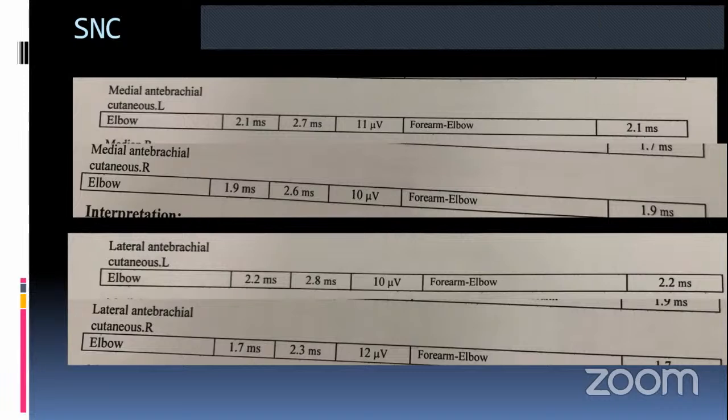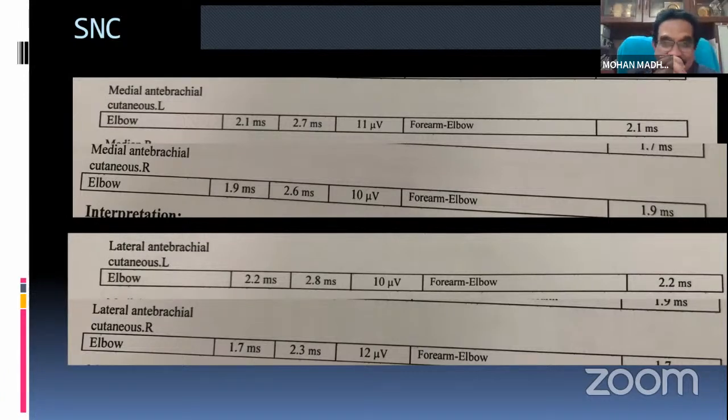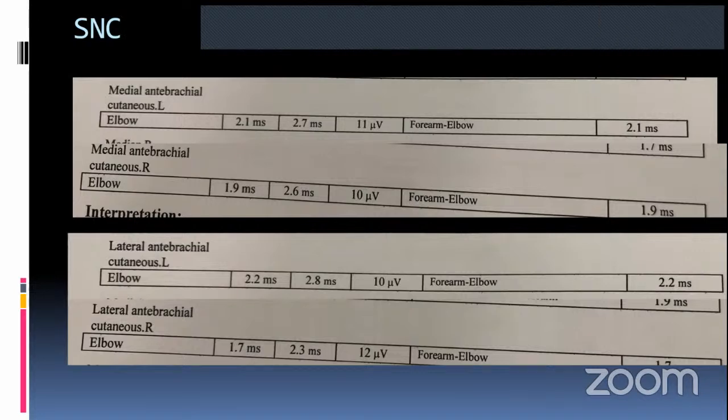Lower trunk. Okay, lower trunk is a good possibility, right? Agreed with the possibility. But the problem is, in which segment of the lower trunk? If it's a lower trunk, why is the median SNAP normal? Because it is outside the DRG.